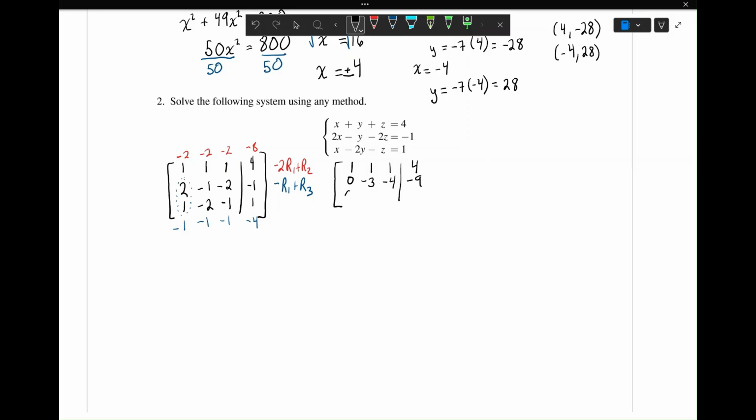Similarly, in the last row, I have a 0 here. I have a -3 in the second entry, a -2 here, and a -3 here. And as a reminder, that comes from adding the blue entries to the third row.